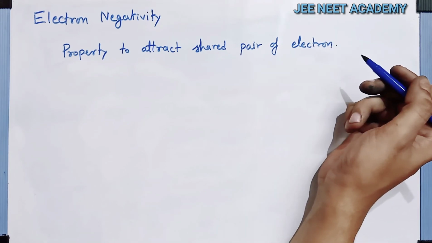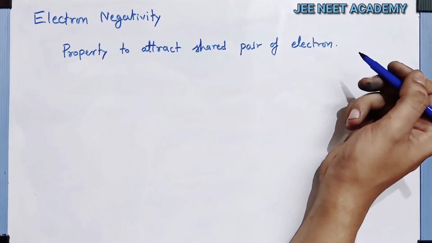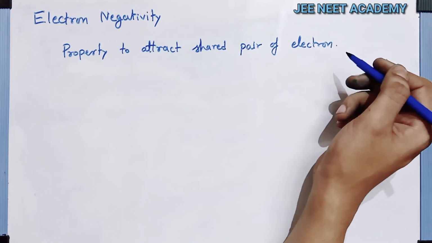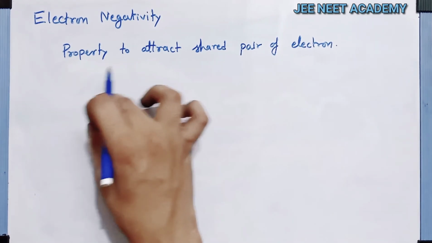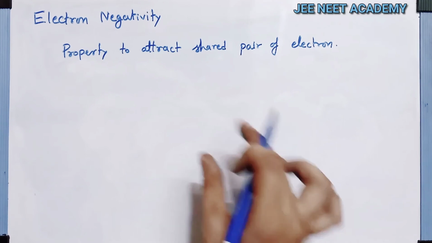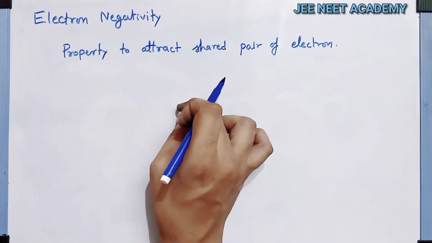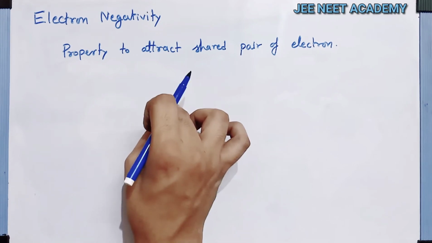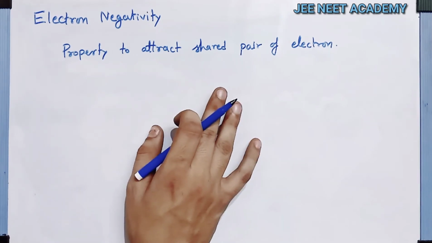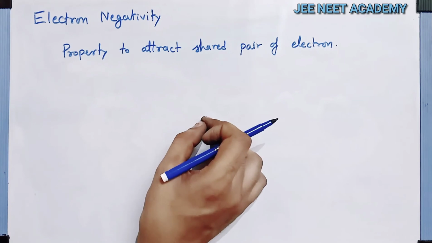It is not a property of an isolated atom like ionization energy and electron affinity. There we were comparing only one atom, the property of only one element, but here we are comparing at least two elements.